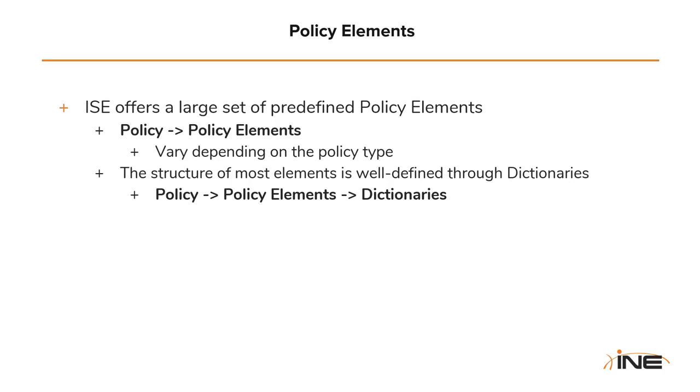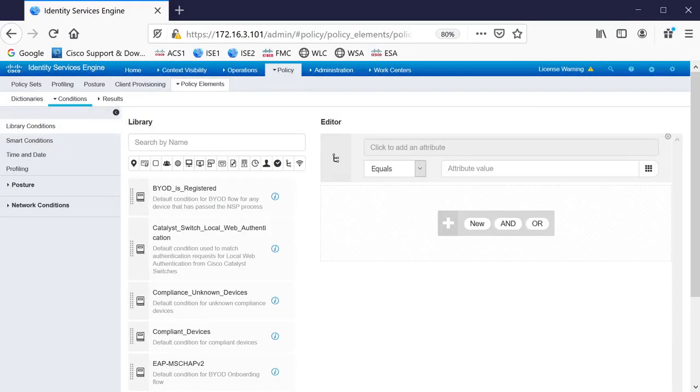A dictionary is basically an additional structure, sort of like a database, like a catalog that is maintained by ISE, which ISE uses to understand information received from external sources, such as radius packets. So ISE knows how it can use it, so it can expose this information to the GUI, so we can eventually use this information as we build our policies or other ISE configurations.